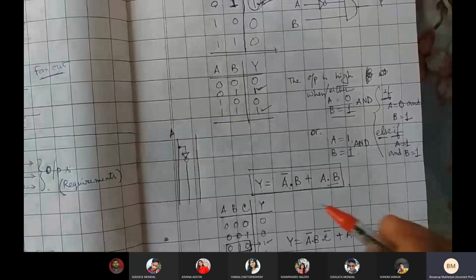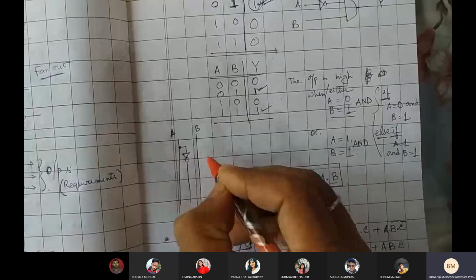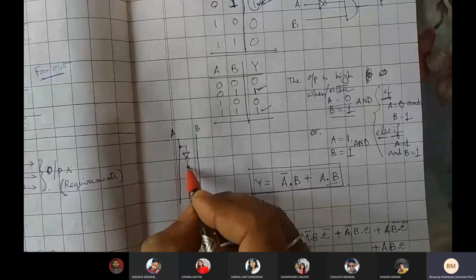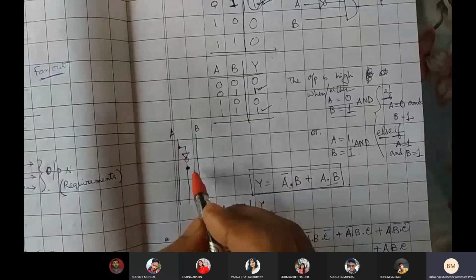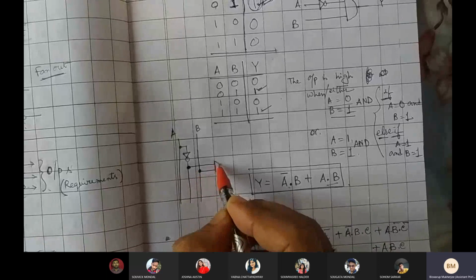As no B bar is required, we can neglect that B bar option. The next step is A bar dot B, so we drag one line, make one dot connection, and connect the B also like this, with an AND gate in front of that, followed by AB, right? So there will be another one, A and B. So there is another AND gate.